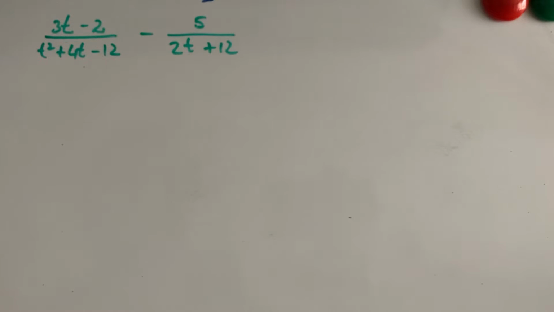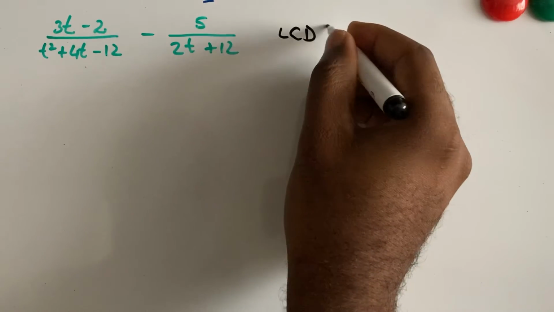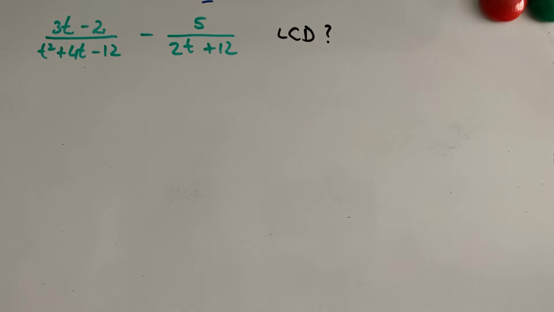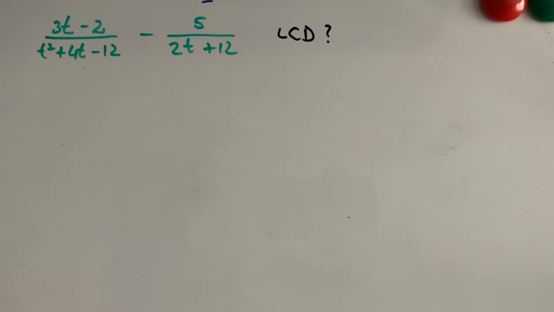Now the LCD, least common denominator, as I explained in another video I have, is nothing but a denominator that you use for both fractions. So the idea is to make the denominators the same so you can add or subtract the fractions, because before you add or subtract they have to have the same denominators, right?